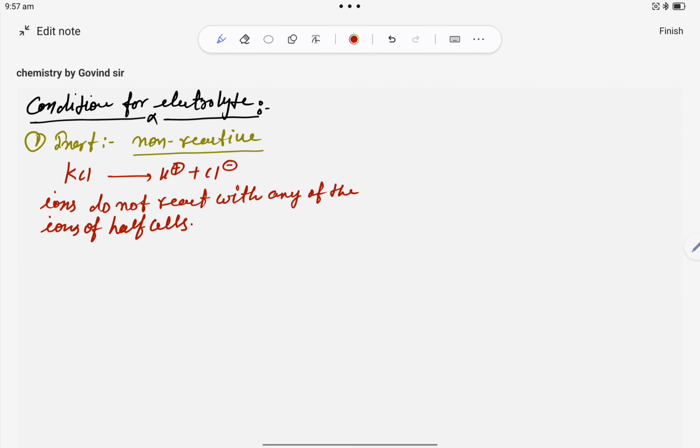Whatever ions the electrolyte has, these ions should not react with ions present in the half cells.